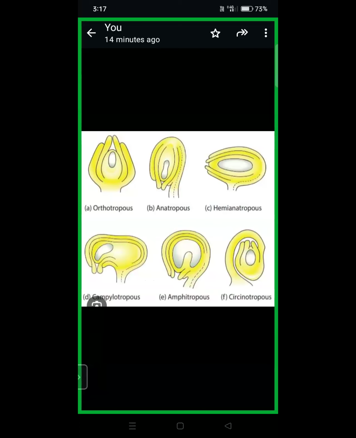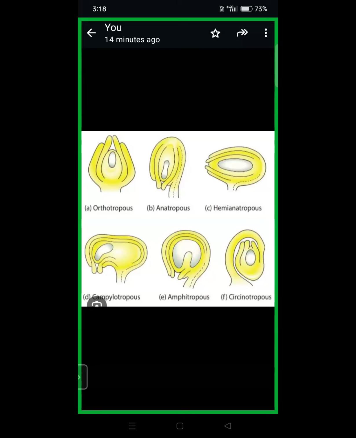The embryo sac is formed inside the nucellus. The embryo sac represents the female gametophyte of angiosperms. A typical embryo sac contains 8 haploid nuclei. Already we discussed in the last class the Nemec phenomenon: 7 cells and 8 nuclei are there.